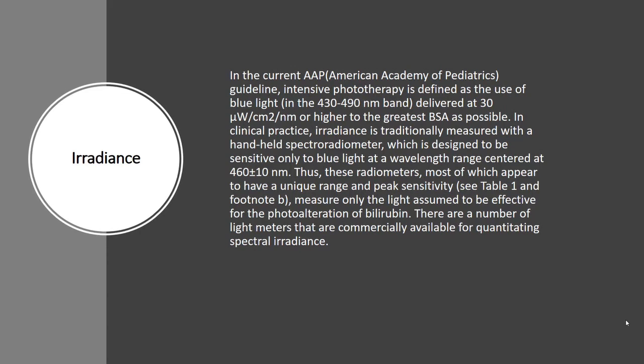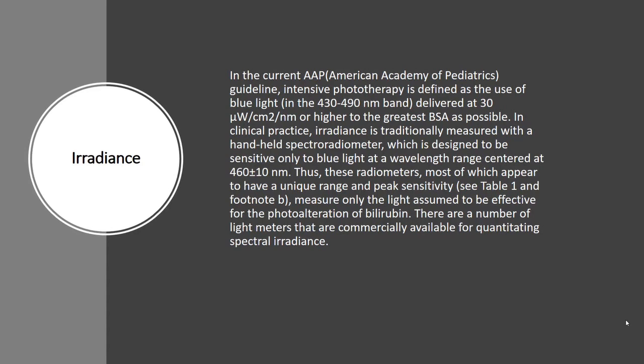In clinical practice, irradiance is traditionally measured with a handheld spectroradiometer, which is designed to be sensitive only to blue light at a wavelength range centered at 460 plus or minus 10 nanometers.